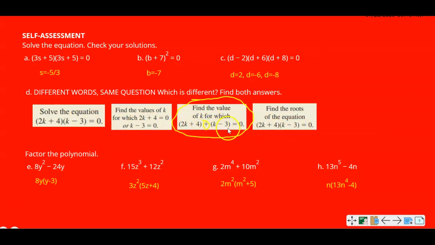If you add two binomials together, you have 2k plus k is 3k, 4 and negative 3 is plus 1. So to get the answer for this one, you would have 3k plus 1 equals 0.